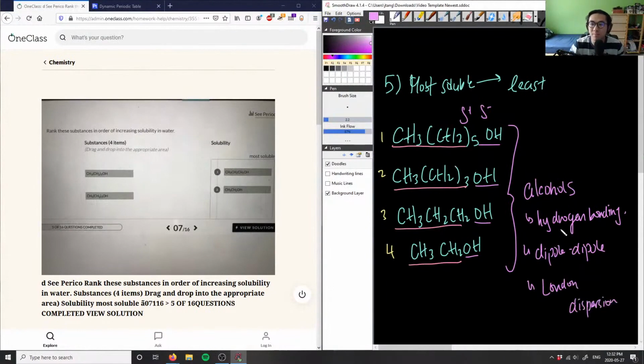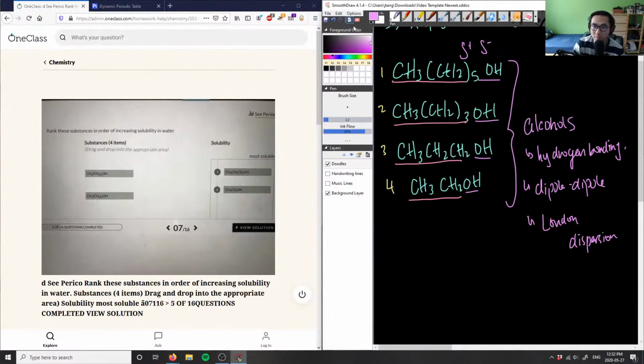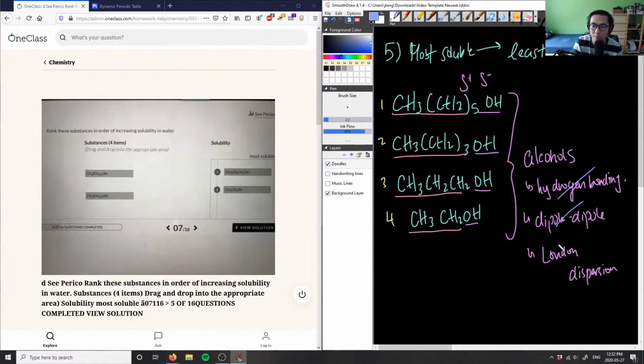Keeping these in mind, what do we care about here? All these forces affect solubility. All of these compounds have hydrogen bonding and dipole-dipole forces, because they all have hydroxyl groups and the electronegativity difference between the carbon and the oxygen. But the London dispersion forces vary between them.